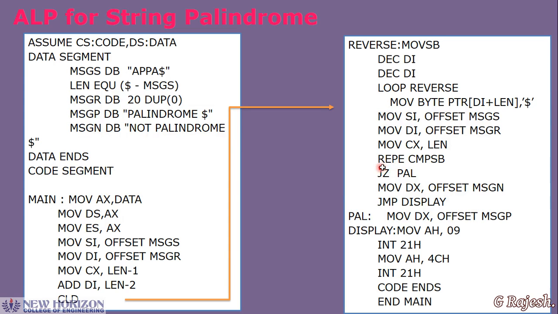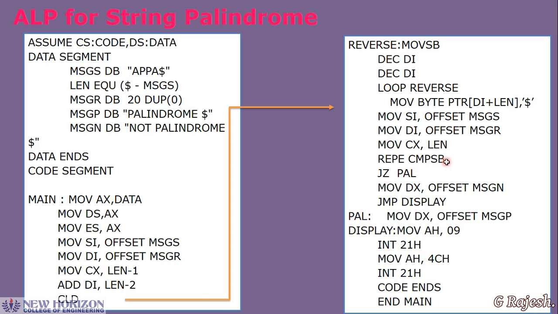Now what we do here is REPE, repeat the string operation until equality occurs. Until equality occurs, we are going to repeat the comparison operation. CMPS refers to compare string byte.